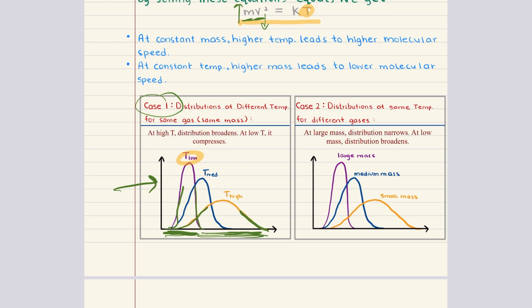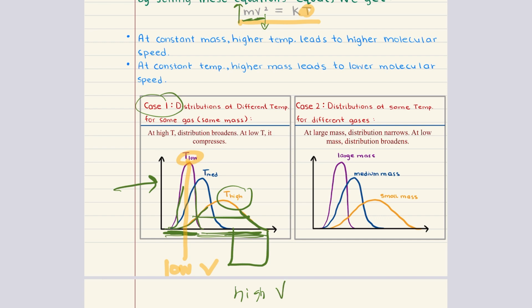So a low temperature gas has a steep, narrow peak, meaning most molecules are clustered around a low speed. At higher temperatures, a higher temperature gas has a broader, flatter curve, meaning a wider range of molecular speeds with more molecules reaching higher speeds, higher velocities.